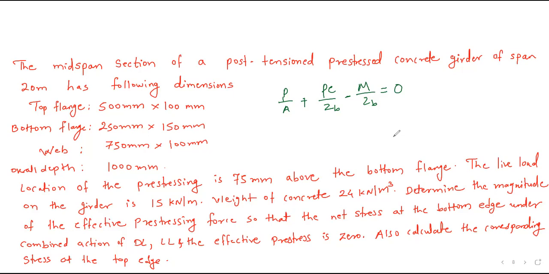So now y top is correct, y bottom is correct. Now calculate the moment of inertia, Ixx. First of all, calculate Ix1x1. What is the value? First area. Take the top flange as your figure number 1. Take web as 2 and bottom flange as figure 3. Your top flange is 500 mm by 100 mm. So calculate Ix1x1.